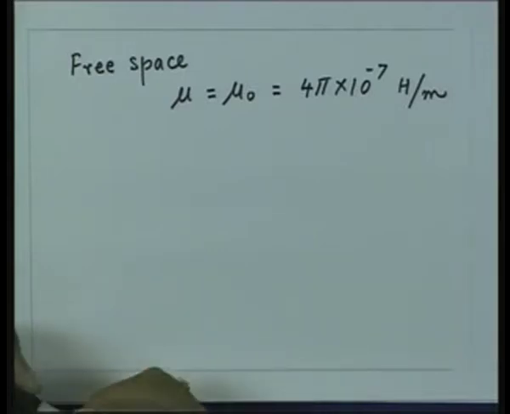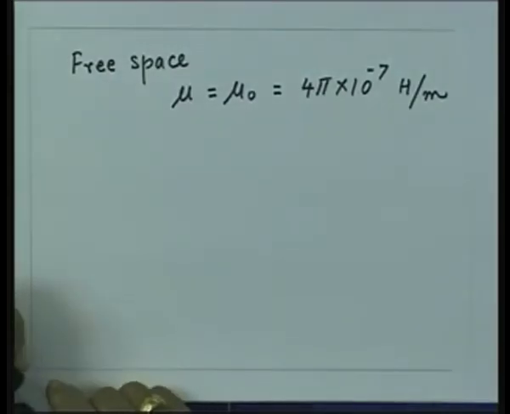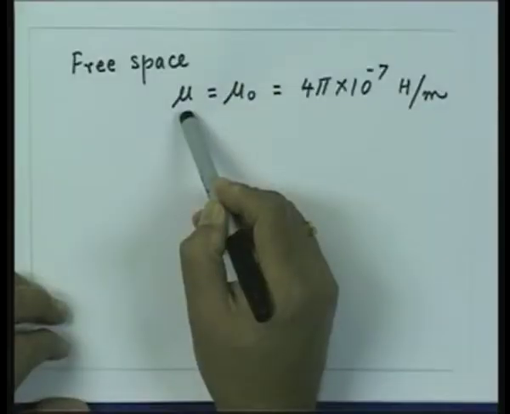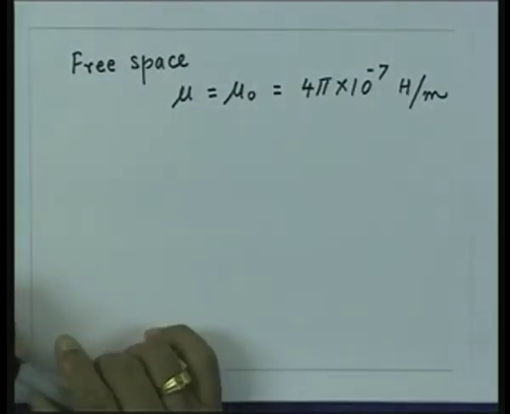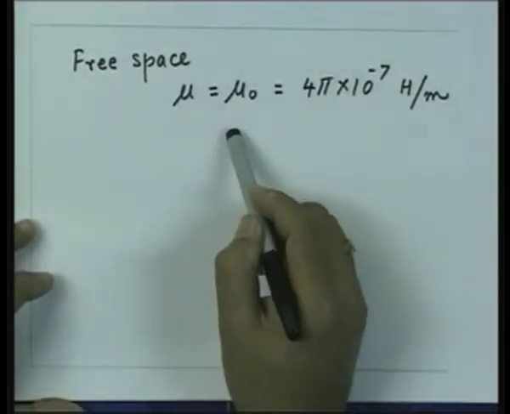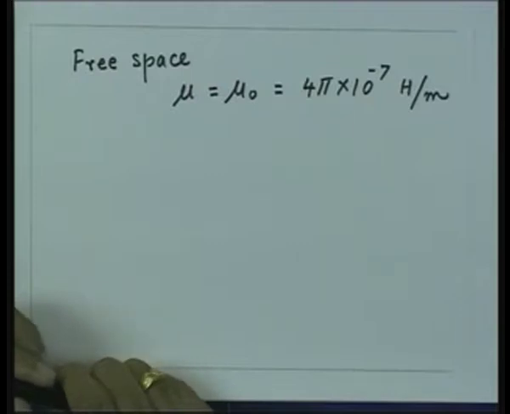Then, as we defined in the case of the electric field or the media for the electrostatics, if I have a material whose permeability is mu, the ratio of mu and mu naught, that is the ratio of the permeability of that medium to the permeability of the free space, is called the relative permeability of the medium.